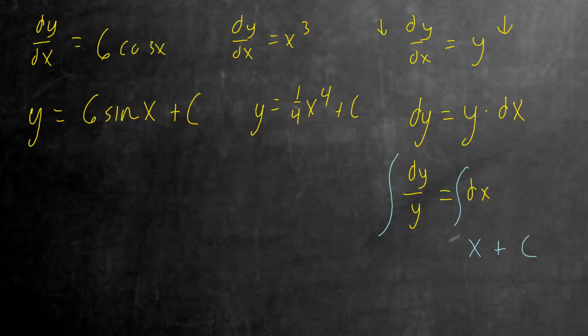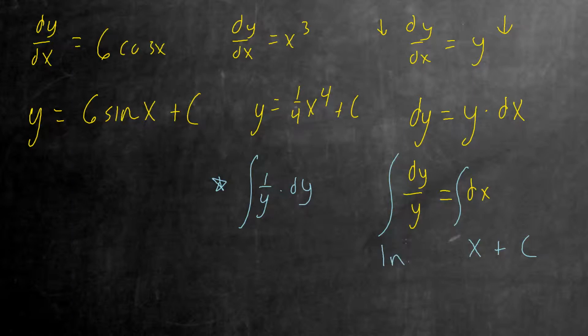Now what's going on over here? We're getting good with our x's. We have to remember that a's and b's and y's are all just letters as well. So I would probably encourage you to rewrite this one over here as 1 over y times dy. That tends to make more sense. What is the integral of 1 over y?